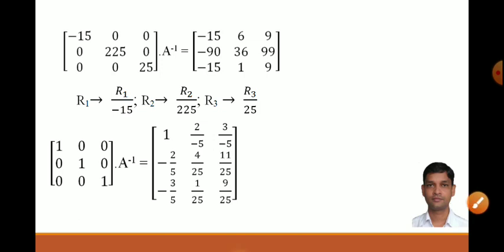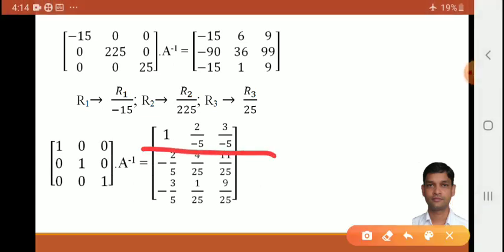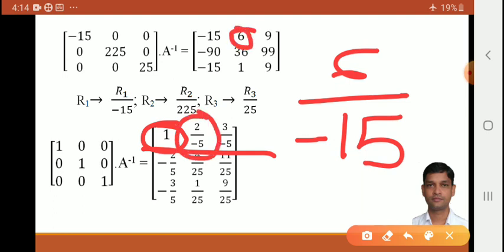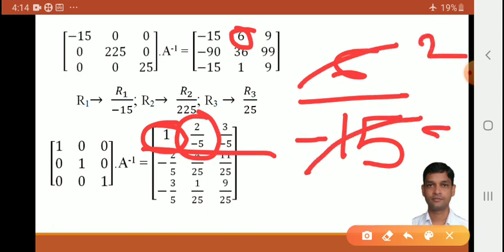See, at this row minus 15 upon minus 15 is 1. So 6 upon minus 15, here 6 upon minus 15 is, 3 twos are 6, 3 fives are 15.